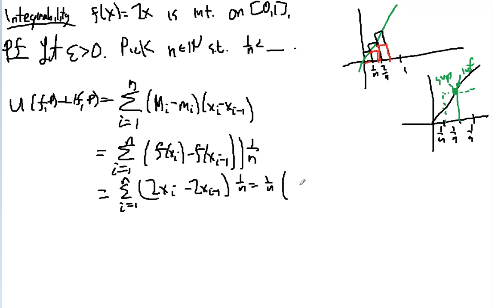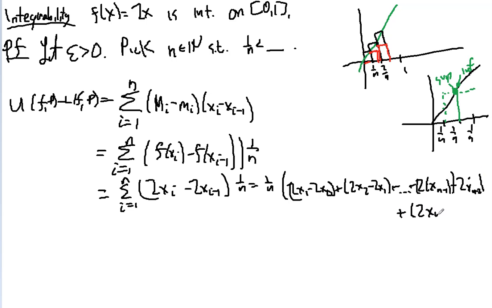Then you get 2x_1 minus 2x_0, plus 2x_2 minus 2x_1, plus that, plus 2x_{n-1} minus 2x_{n-2}, plus 2x_n minus 2x_{n-1}.